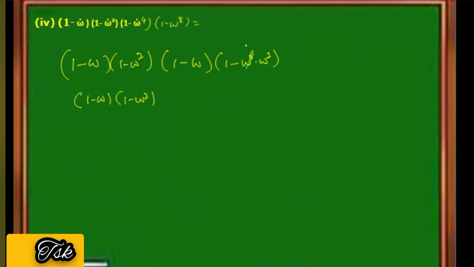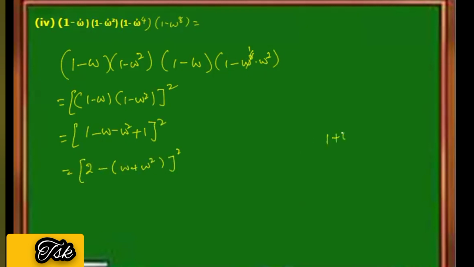This becomes 1, isn't it? 1 minus omega into 1 minus omega, so twice whole square. So next multiply 1 minus 1 into 1 minus omega square minus of minus plus 1. This becomes 2 minus of omega plus omega square whole square.